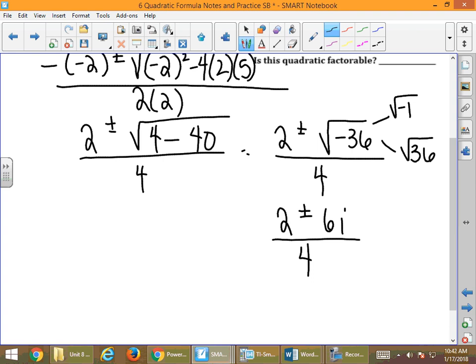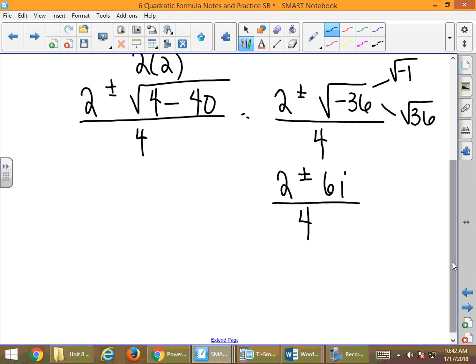And the thing is, 2 is even, and 6 is even, and 4 is even. We can simplify this by dividing 2 by 2, and we get 1. Divide 6 by 2, we get 3. Don't forget the i. Divide 4 by 2, and we get 2.